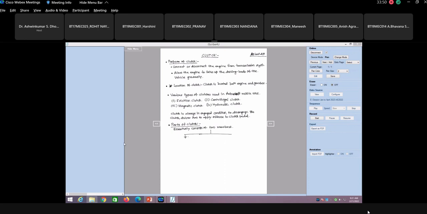One is basically the pressure plate. These are also called as the driving disc. And the other one, that is friction disc.